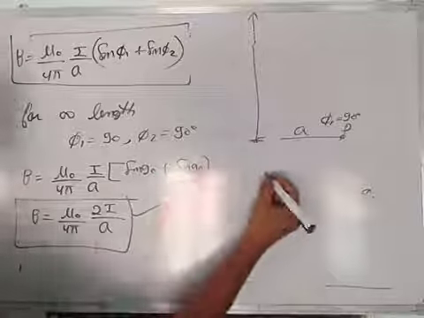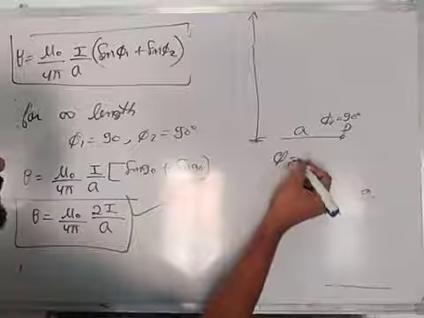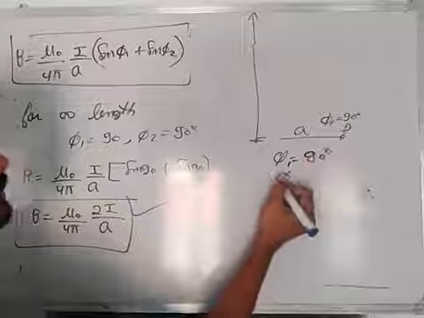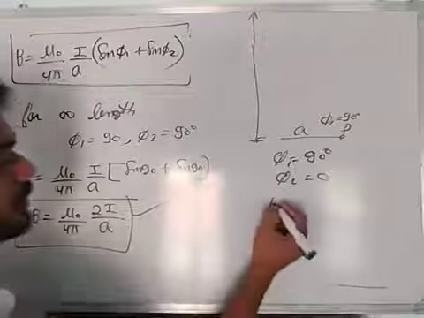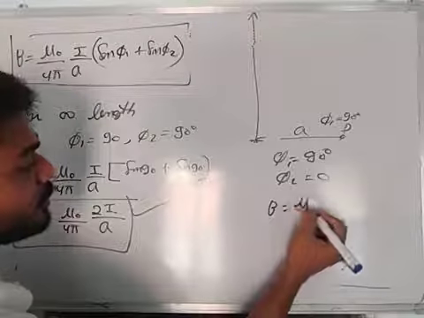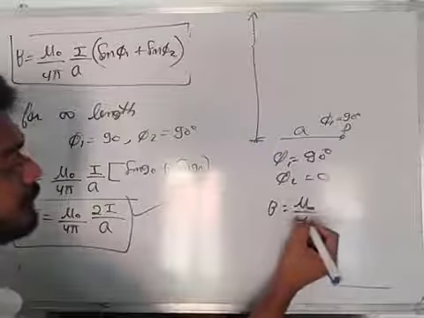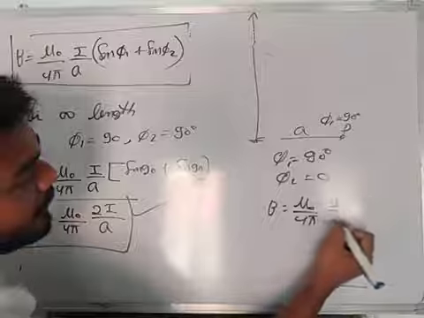For semi-infinite, φ₁ is 90 degrees and φ₂ is 0 degrees. Substitute, and you get the result B = μ₀/4π · I/a.